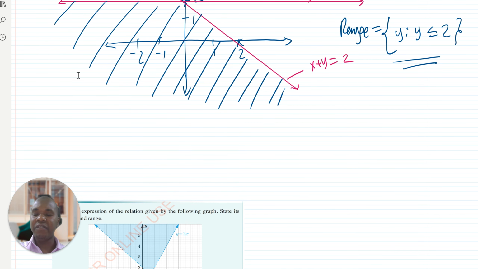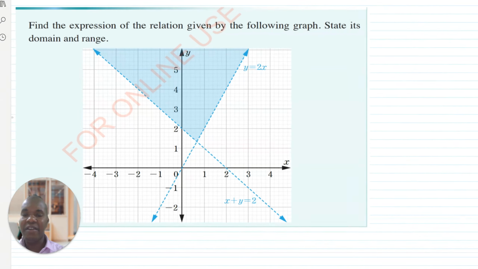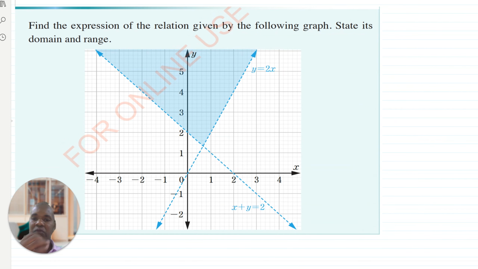The last question for today's session is, we were given a graph, and you are supposed to determine the inequality signs of these lines, the linear inequalities given. The first thing to check here, as you can see, is that we have a dotted line.